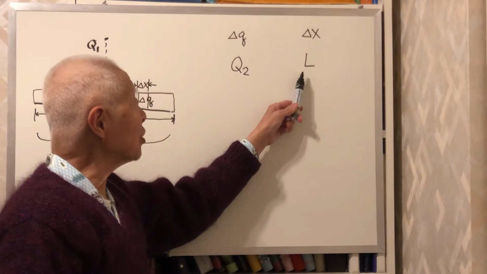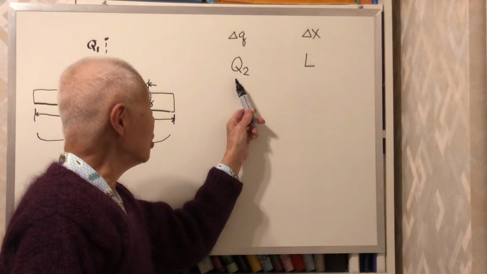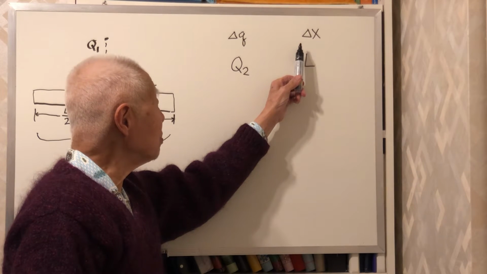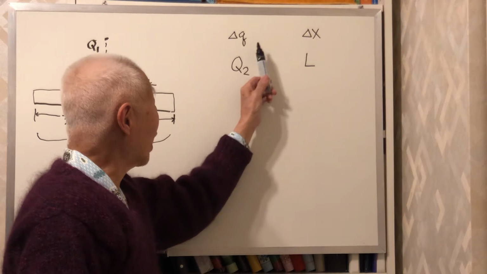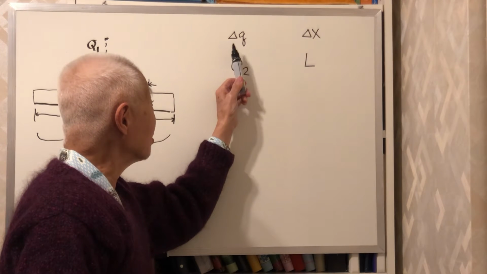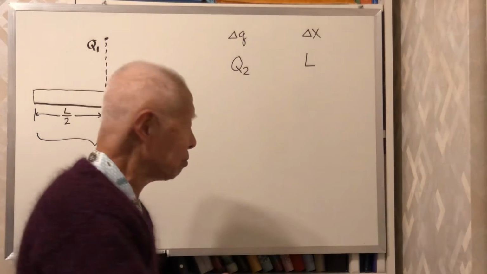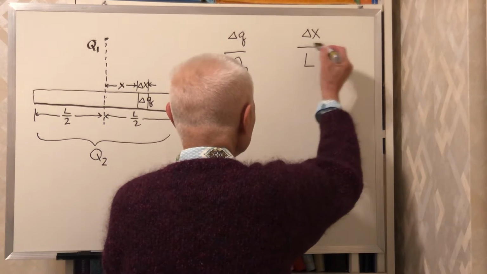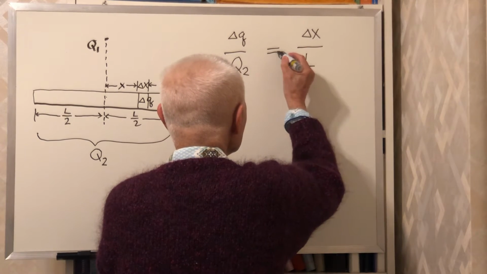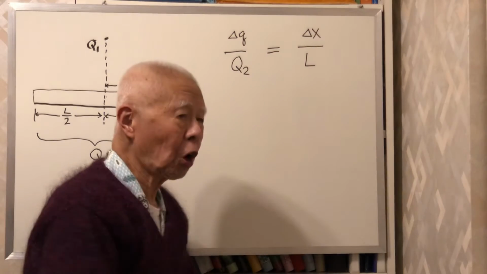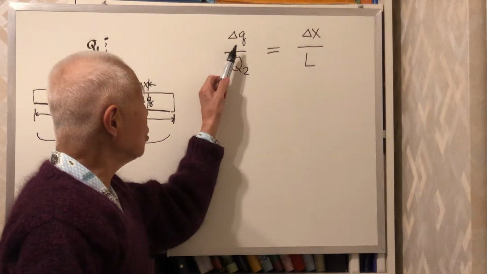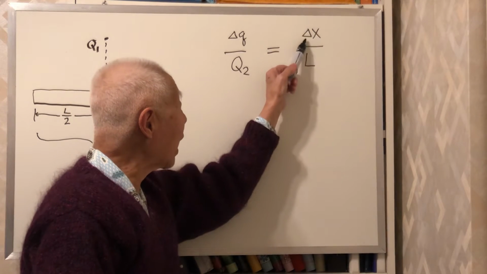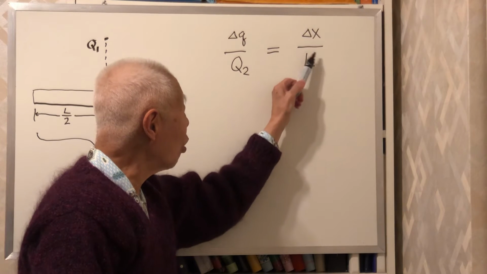For the entire length L, the charge is Q2. For a small section delta x, what is the charge delta Q? Proportion. So delta Q is Q2 multiplied by delta x over L.